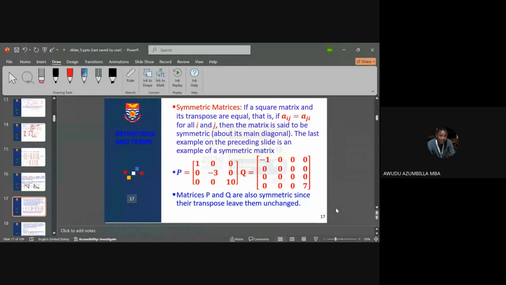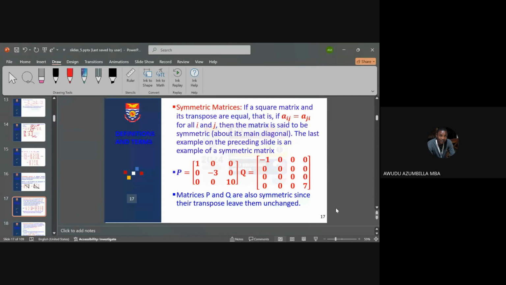Before a symmetric matrix, the requirement is that your matrix must be a square matrix. That is, it must have the same dimensions. So a symmetric matrix is a square matrix whose transpose is equal to the original matrix. If we transpose a matrix and it is equal to its original matrix, then we call it symmetric.